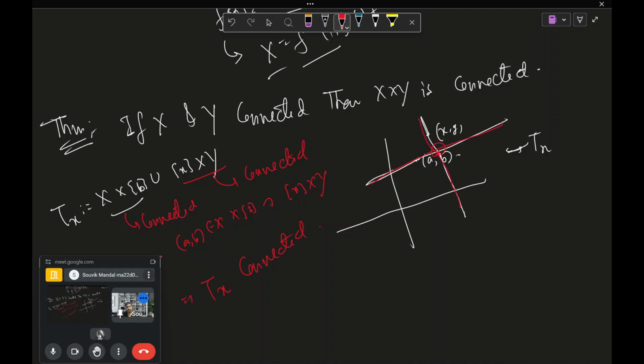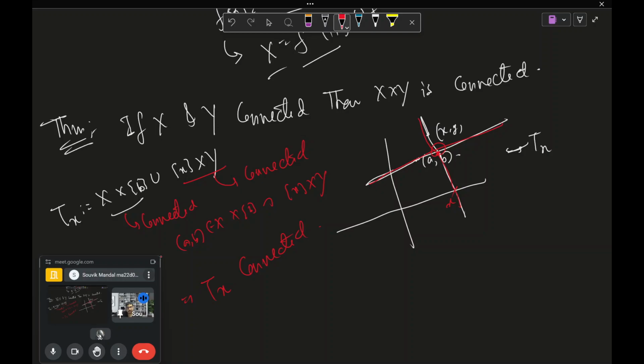Now, if we vary x, this line comes from choosing a small x.